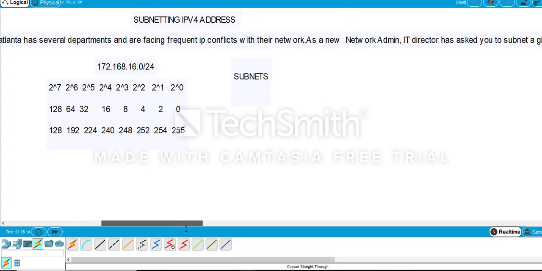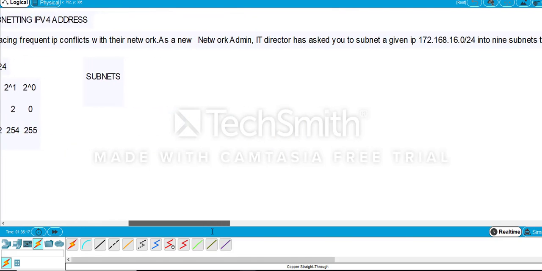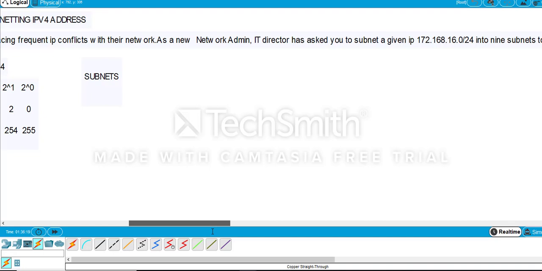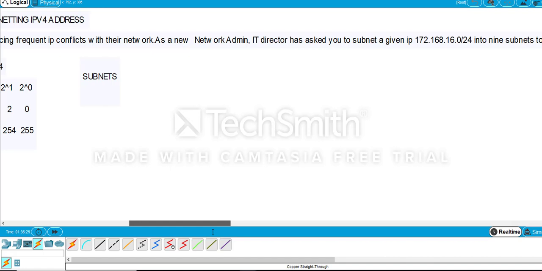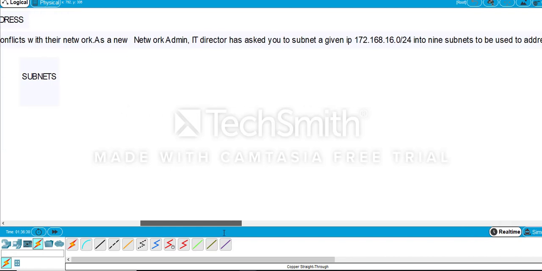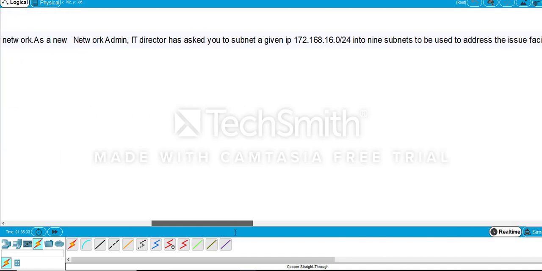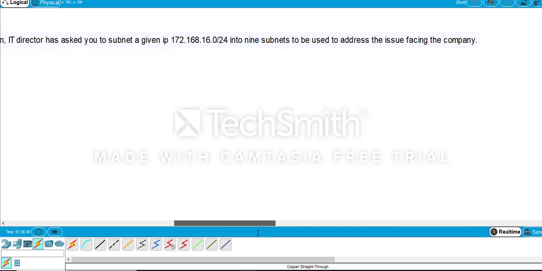As a new network admin, the IT director has asked you to subnet a given IP, 172.168.16.0/24, into 9 subnets to be used to address the issue facing the company.